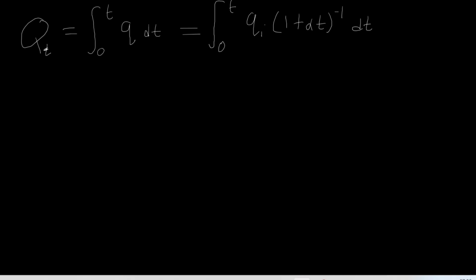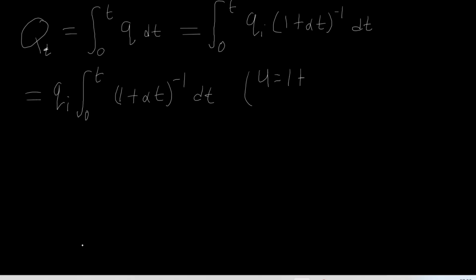So we have qi times the integral from 0 to t of (1 plus alpha t) to the power of minus 1 dt. Now we're also going to assume that u is equal to 1 plus alpha t.